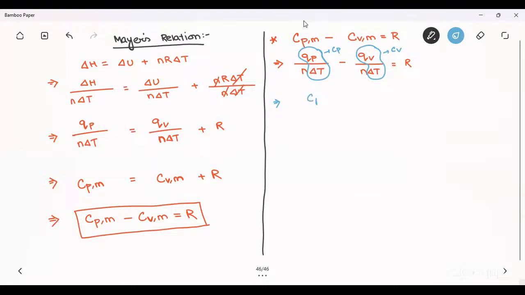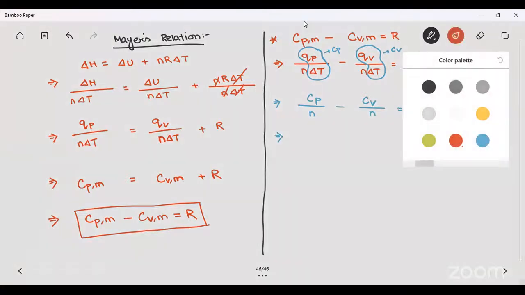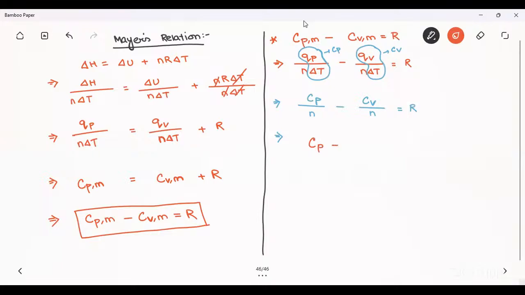So it is CP by n minus CV by n is equal to R. So what is the equation we are getting again? Taking 1 by n as common, CP minus CV is equal to nR. This is another formula you have to remember.